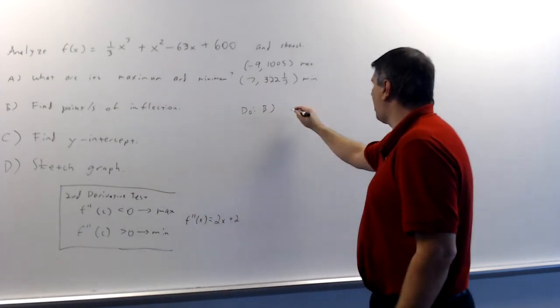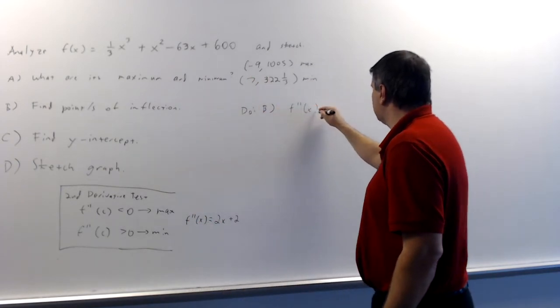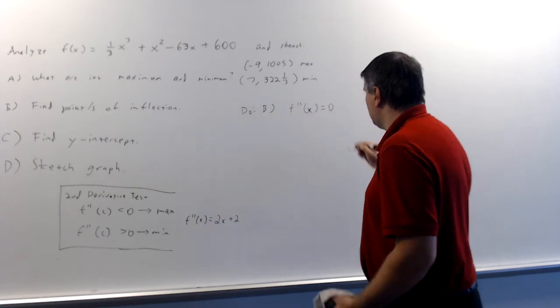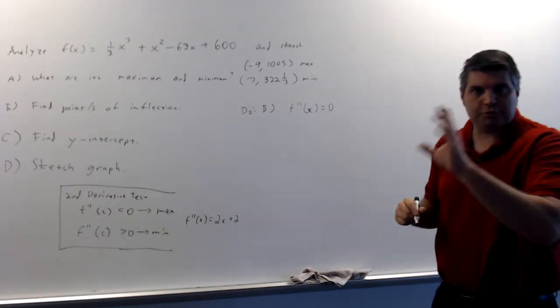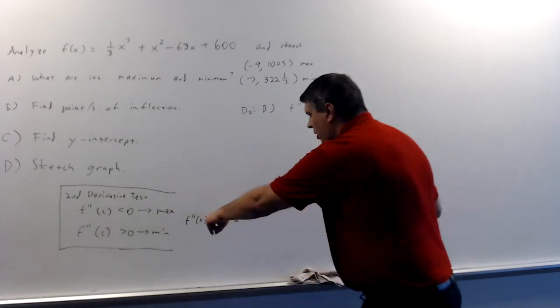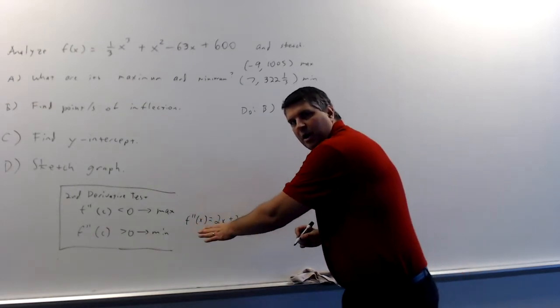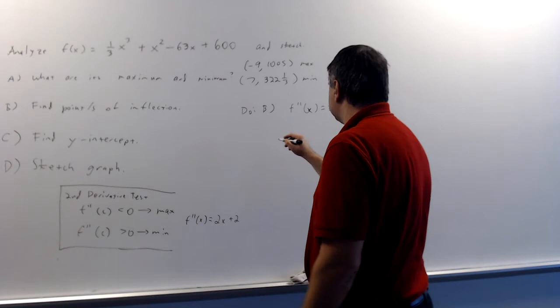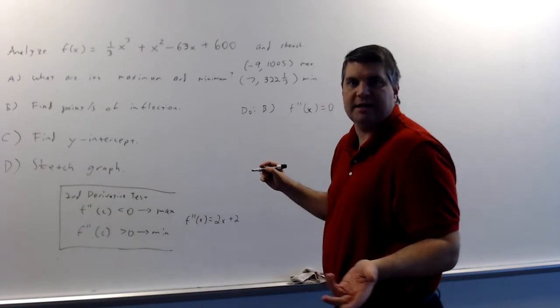Do B. Points of inflection are at f double prime of x equals 0. I'll just go through the whole process again. I know it's already here, but I'll still go through the process; you may not necessarily have to.